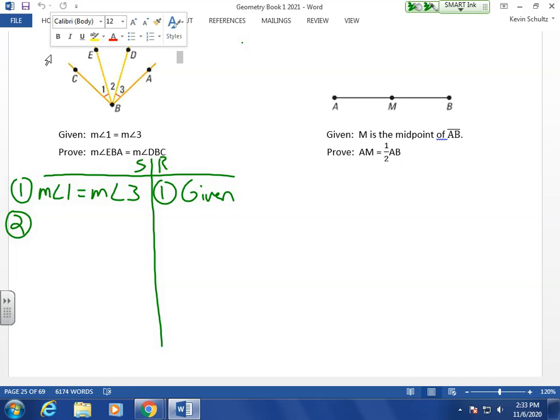They are. And that's what this given statement says. Saying that the two measures are the same is kind of the same thing as saying they're congruent. So yes, they are. Let me get started. The measure of angle EBA is equal to what?